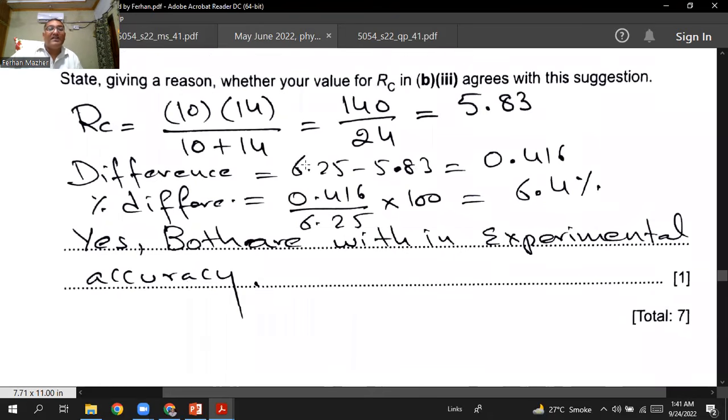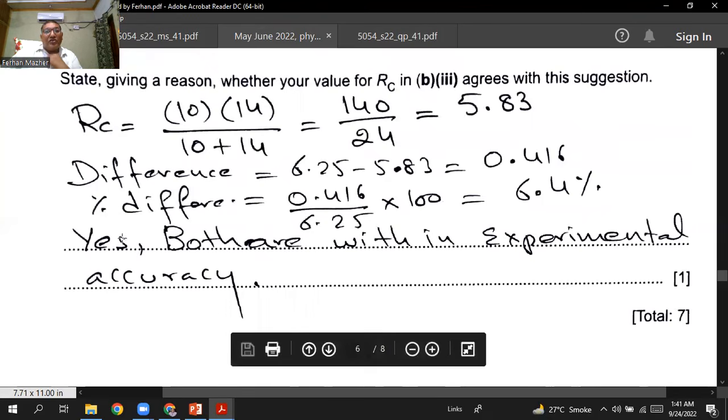If you convert that into a percentage difference, that will be 0.416 divided by 6.25 multiplied by 100, and that will be 6.4%. So the difference between the practical value and the theoretical value is 6.4% of the practical value.